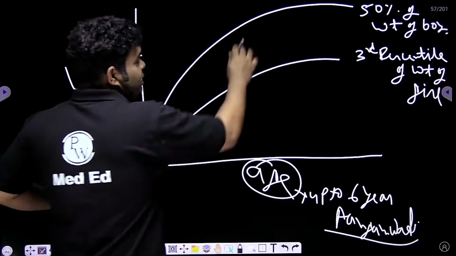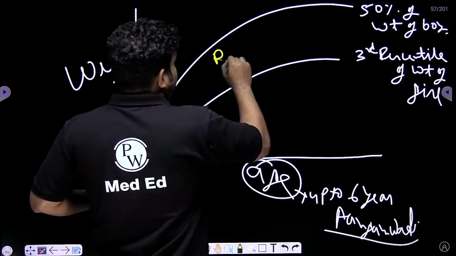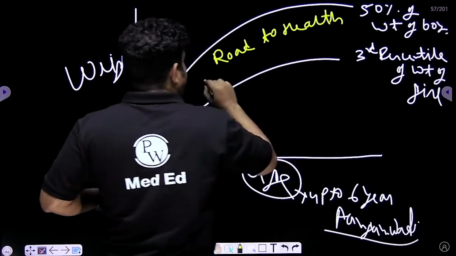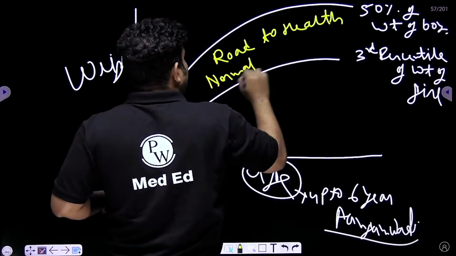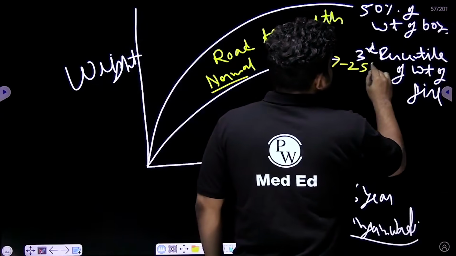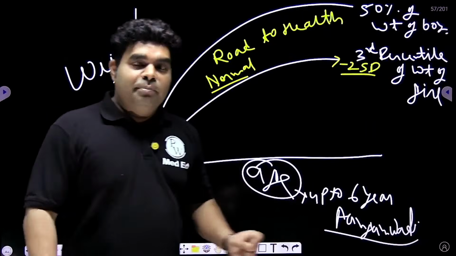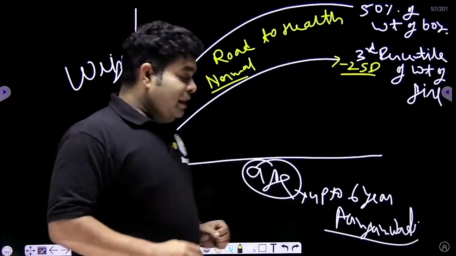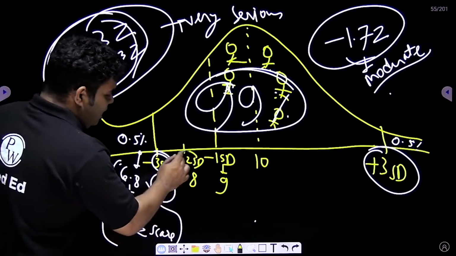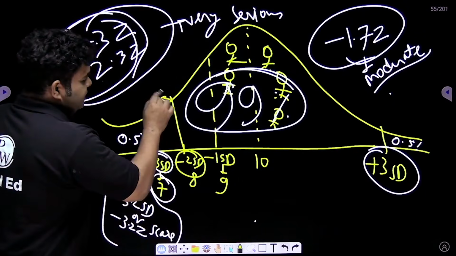And if any child is between 50 and third percentile, we say this child is following the road to health. This child is normal. Now, where is this third percentile? Third percentile is at -2 standard deviation. Why does -2 standard deviation have third percentile? Because remember, in the normal chart, how many values are outside -2? Outside -2 is 2.5% of values.